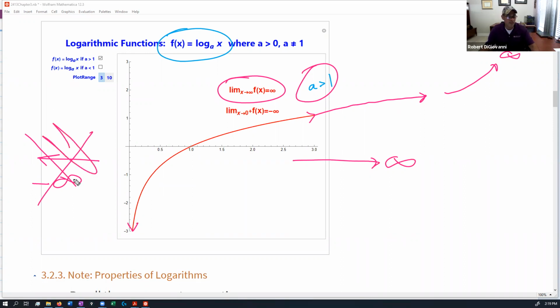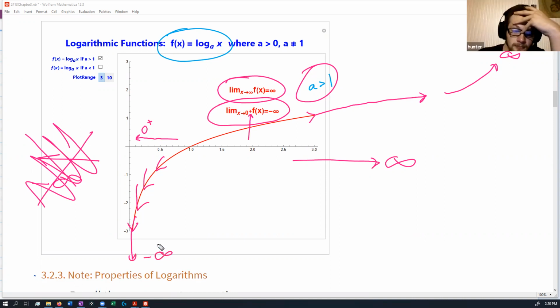So we can't talk about the limit as we go to negative infinity. What we can talk about is the limit as we approach 0 from the right. So as we head towards 0 from the right-hand side, where does the function go? Negative infinity. It dives down forever, right? That's what that second limit there says.